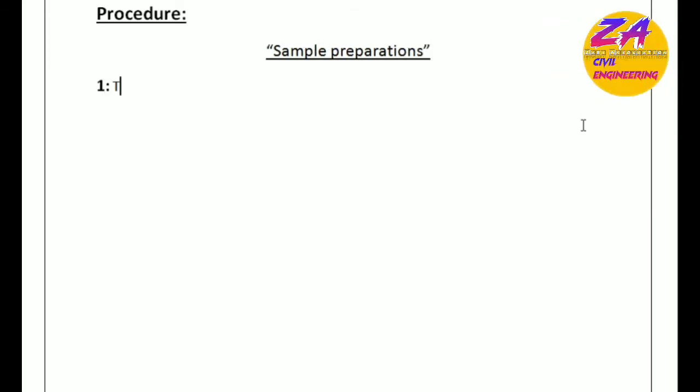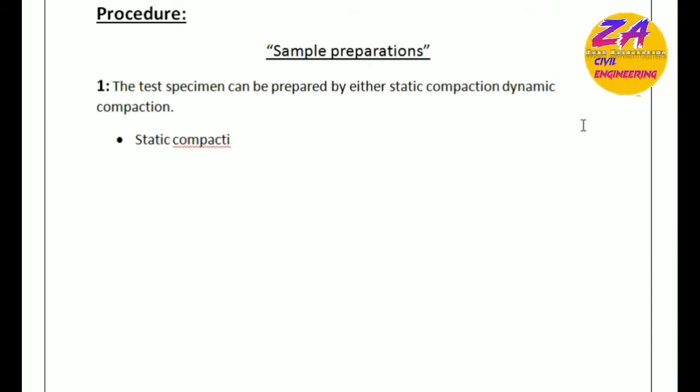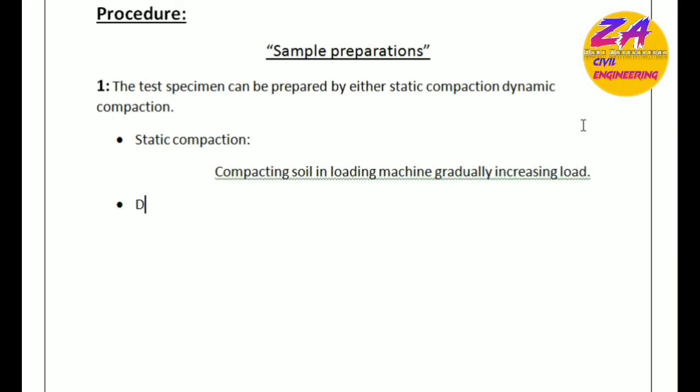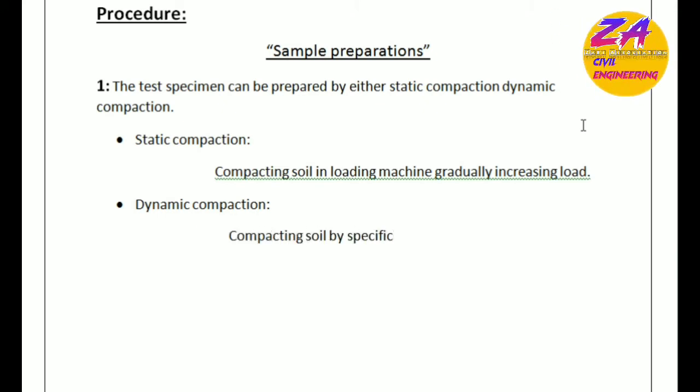Okay, let's go on to the procedure of this experiment. First of all, sample preparation. The first step, the test specimens can be prepared by either static compaction or dynamic compaction. First, static compaction: compacting soil in a loading machine by gradually increasing load. And dynamic compaction: compacting soil by a specific rammer impact load.